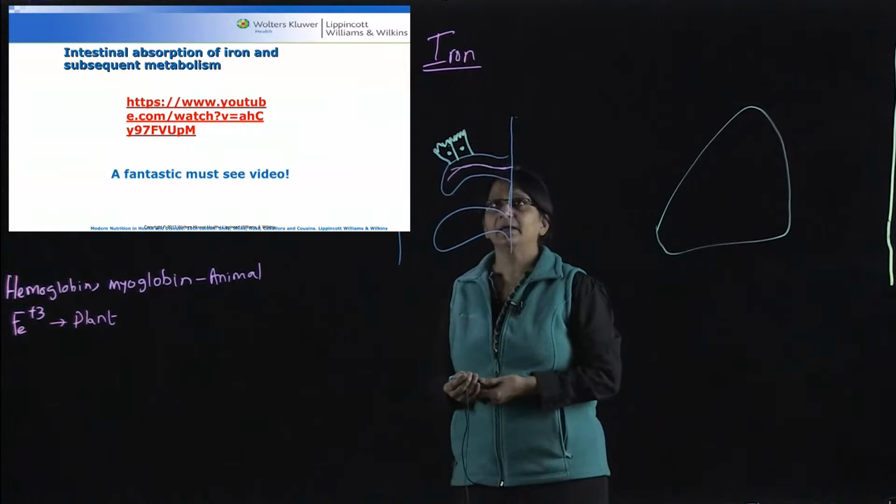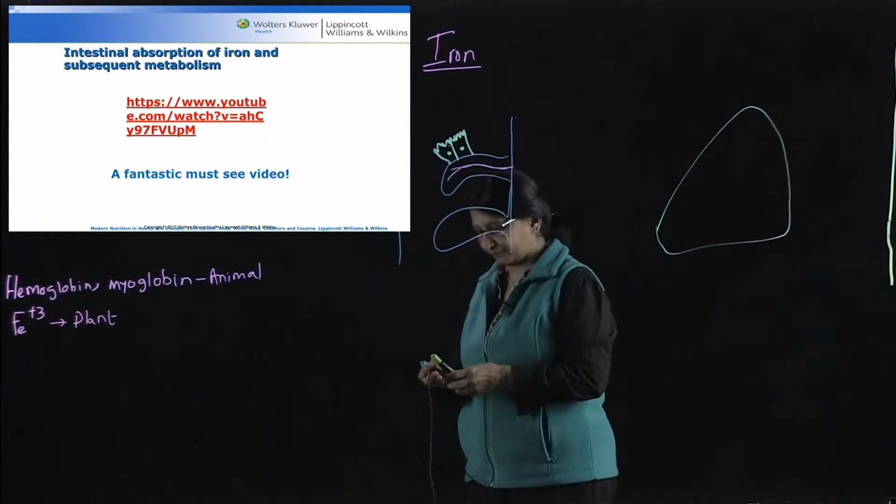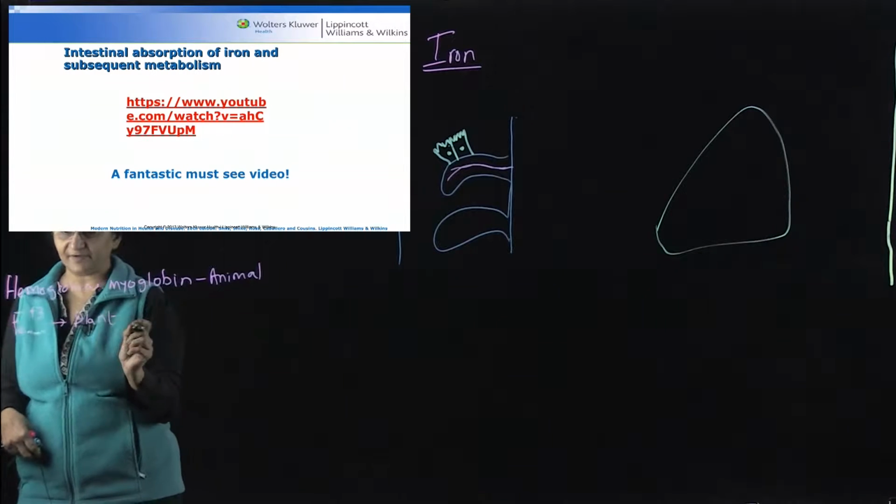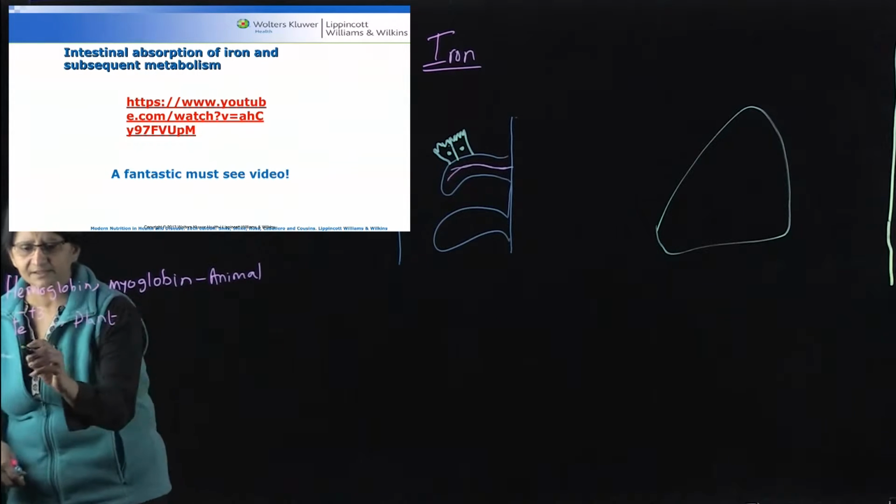iron exists in two different forms, called ferric and ferrous iron.